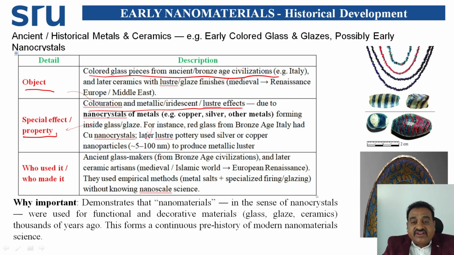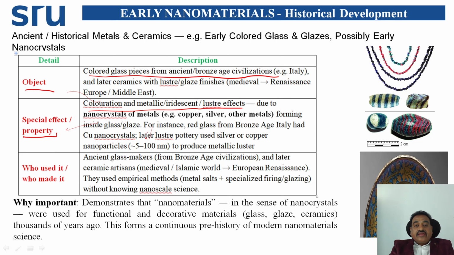For instance, red glass from Italy had copper nanocrystals. Later, luster pottery used silver or copper nanoparticles. The particle size is 5 nanometers to 100 nanometers, in the nanoscale range, to produce metallic luster.